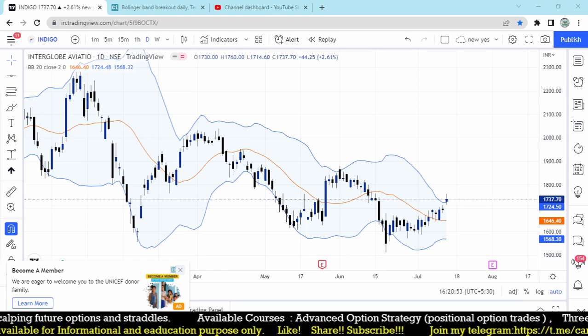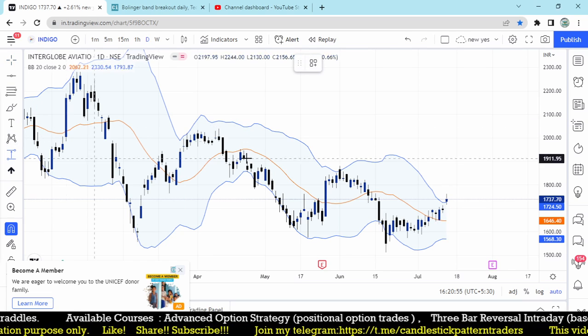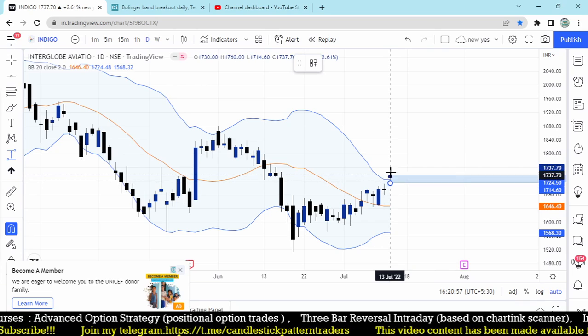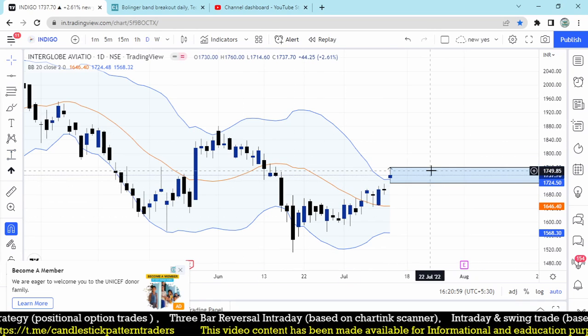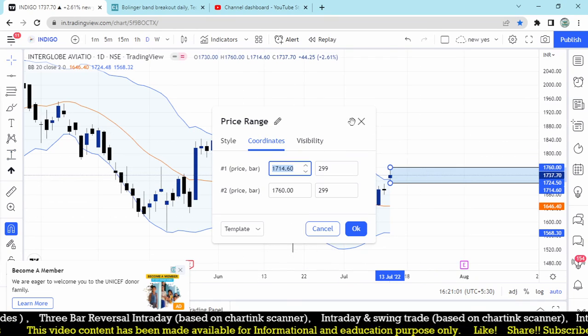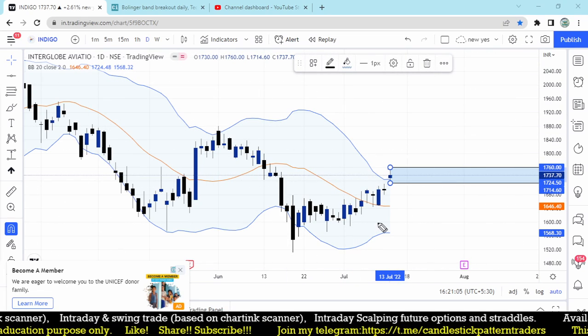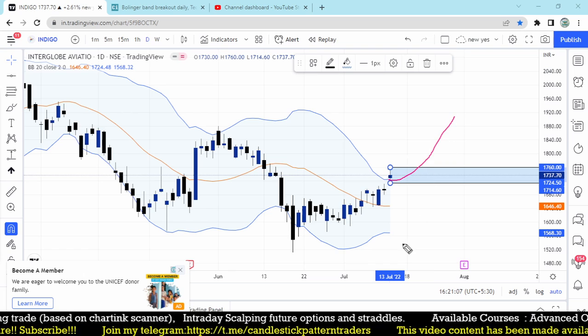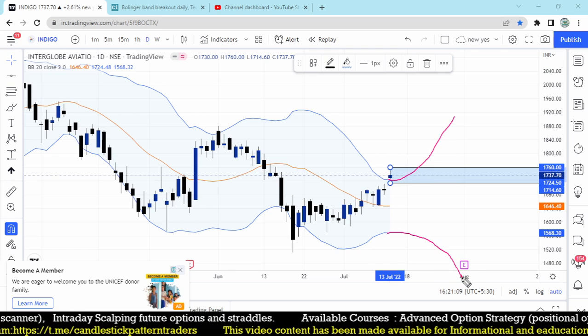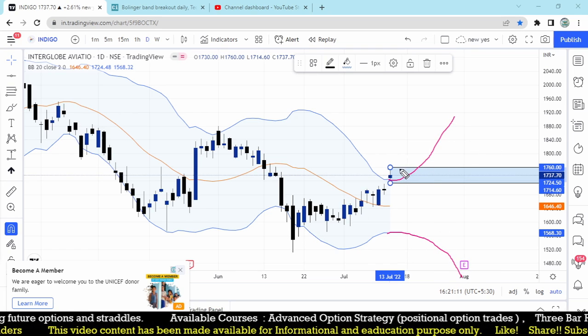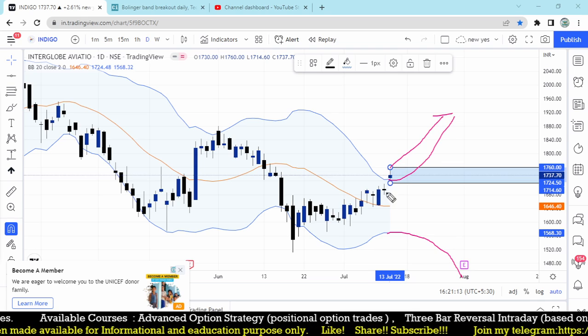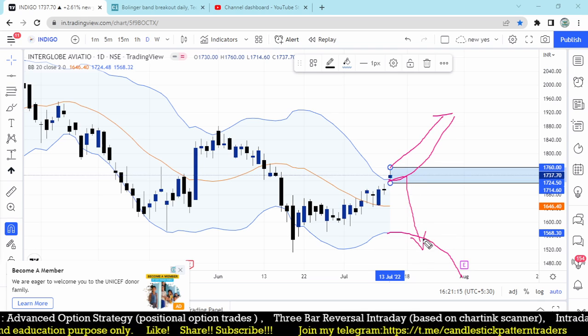So what kind of trade can we plan? We thought both sides would be possible. If tomorrow the stock breaks above the high, there is a chance of a continuous trend because the Bollinger Band can expand the range. So the stock can move like this, or it can reverse and come to this level.